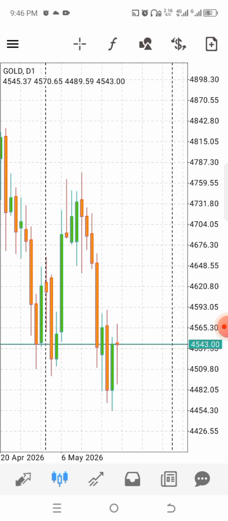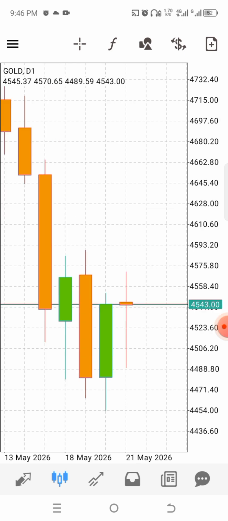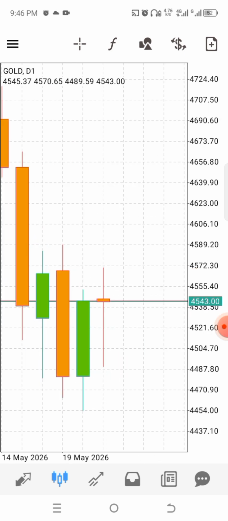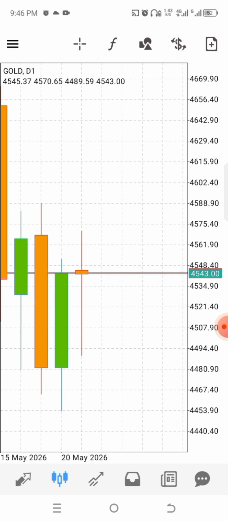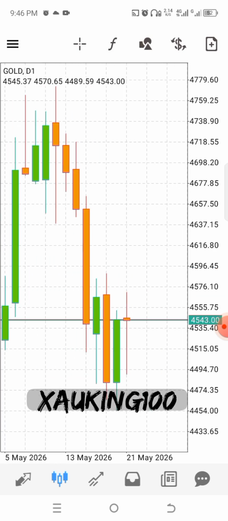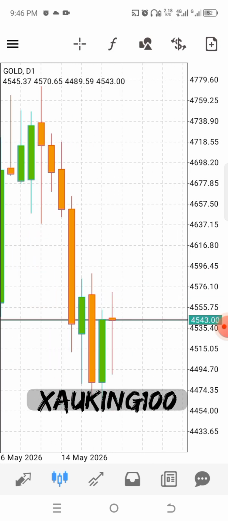The rest of the decisions for entry on gold tomorrow will depend on whether you are a sniper or not, whether you have the necessary cheat codes for entry towards the bearish side tomorrow, right?